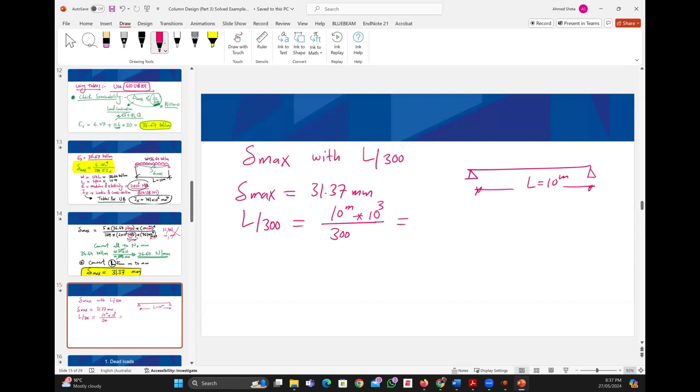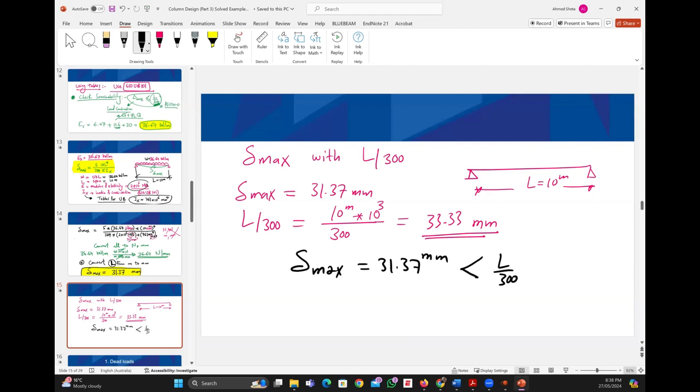So the limit will be 33.33 millimeters. If we compare both together, which one is bigger? Delta max equal to 31.37, more or less, is less than L over 300 equal to 33.33 millimeters.